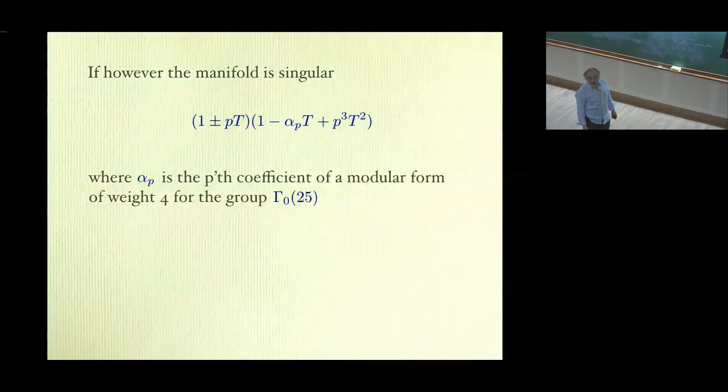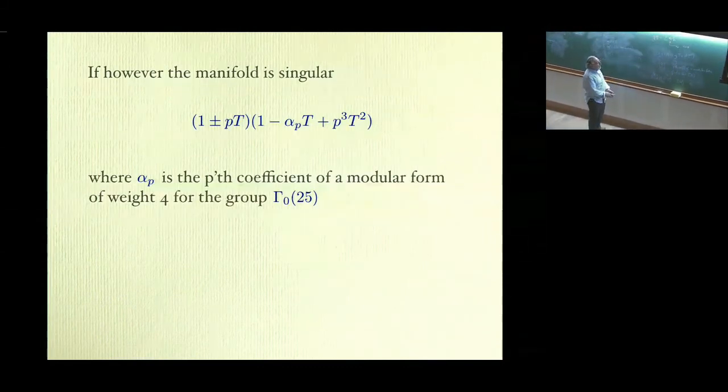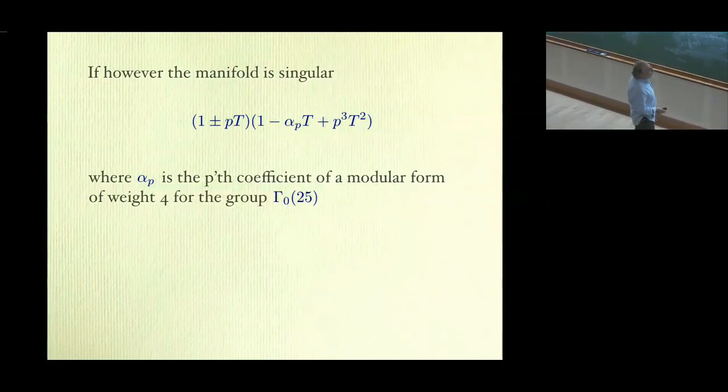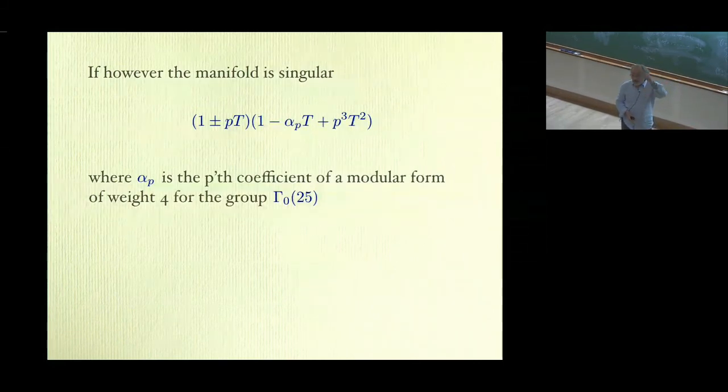It's a modular form of weight 4. I guess it's a cusp form. Yes, a cusp form. So here's something interesting. Out of nowhere, we've gone to the conifold, and out of nowhere has appeared gamma_0(25). So we've got a group from somewhere, from out of nowhere, by studying the number theory.